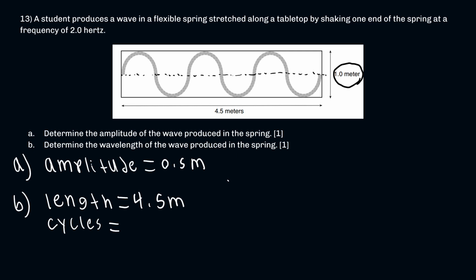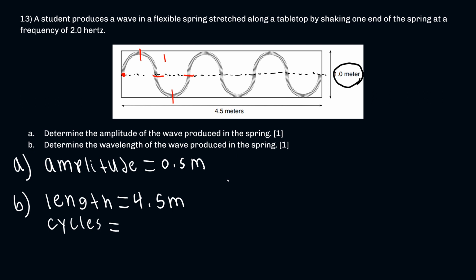So I'm going to start here with red, showing the first cycle. Then I'll choose another color for the second cycle and whatever the other cycle is going to end up being. So we'll start off here. That's my starting point. I go up to the crest, come back down to the equilibrium position, go down to my trough, and come back to the equilibrium position. That is going to be 1 cycle.